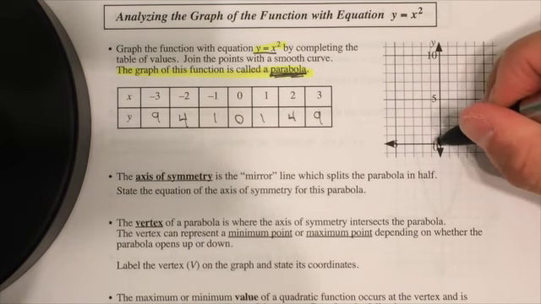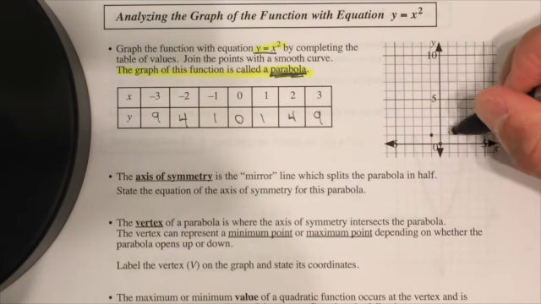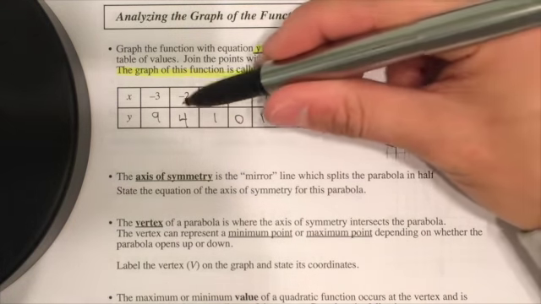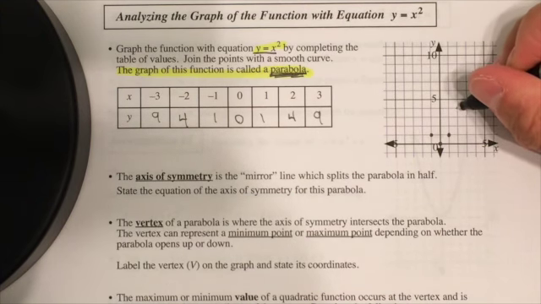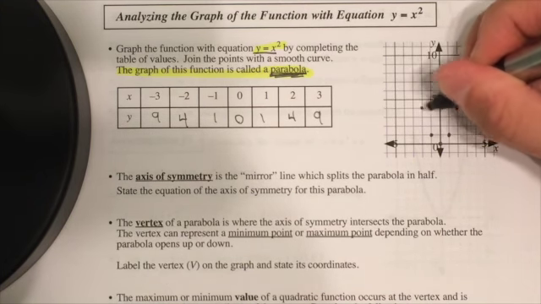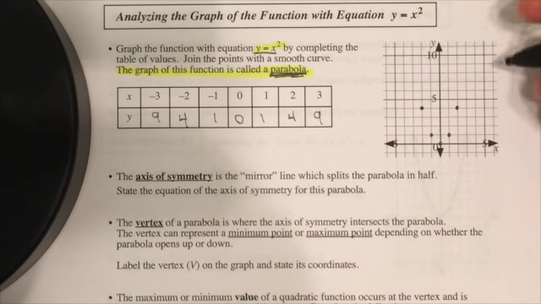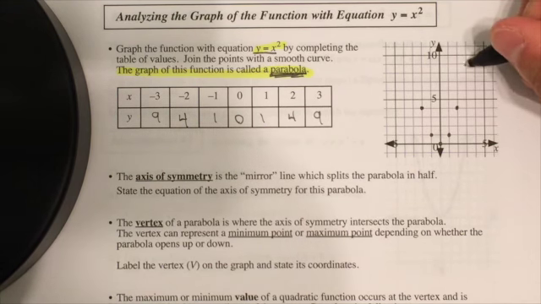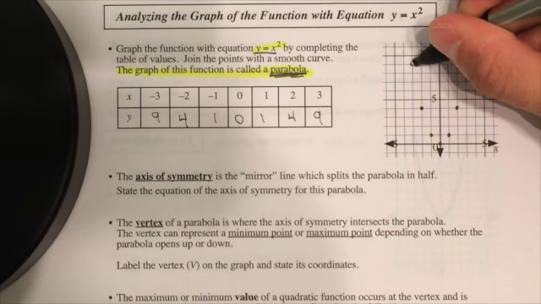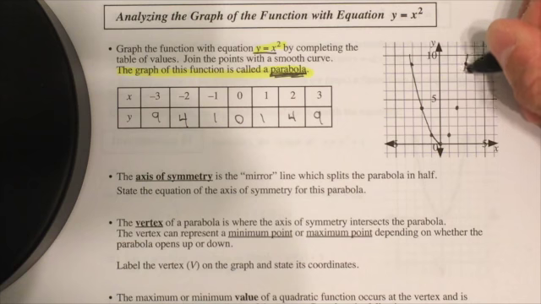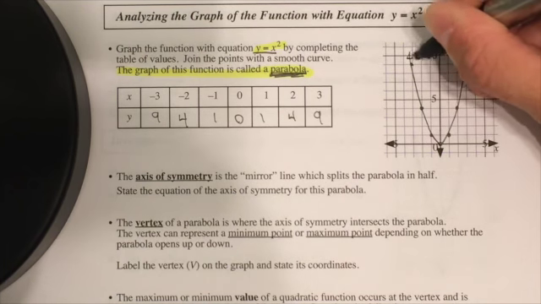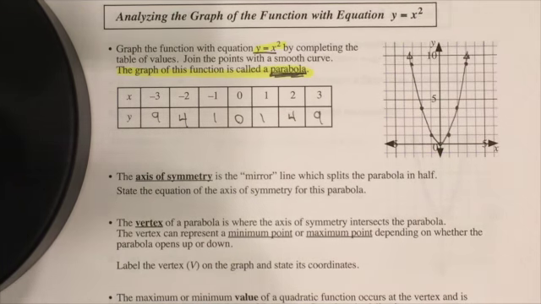So as I go to 1, I move up to 1, and as I move to 2, I'm going to go up to 4 on my y. And then at 3, I'm going to move up to 9. And the next thing we do is just connect these points, and there you have a parabola.